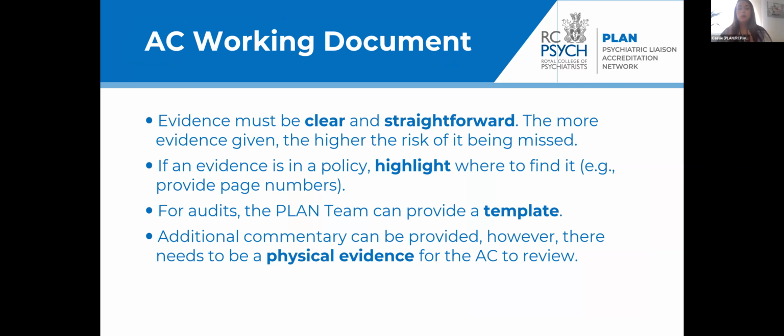So alongside the draft report, we will pull through the not met standards into a separate document that we call the AC working document. And this is one document that is between yourselves, us, and the accreditation committee. We find it helps keep everything in one place, rather than you as the team having to scroll through the whole report.